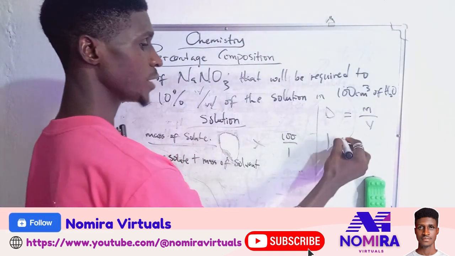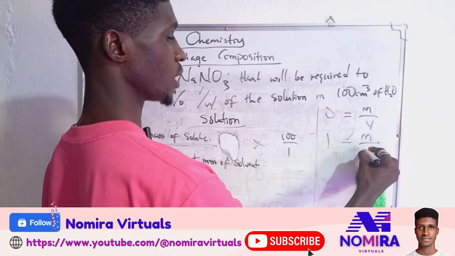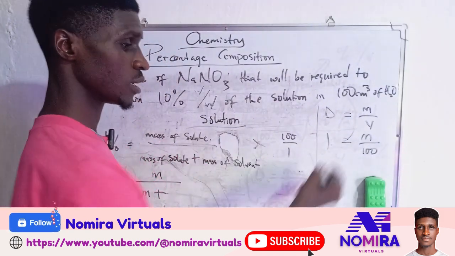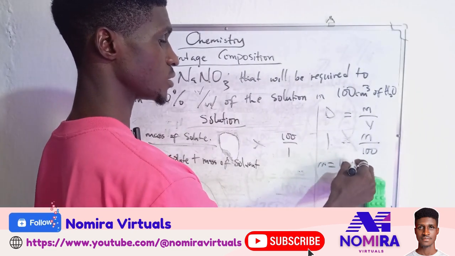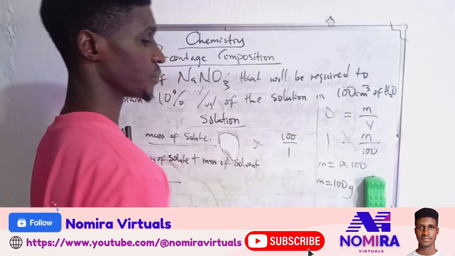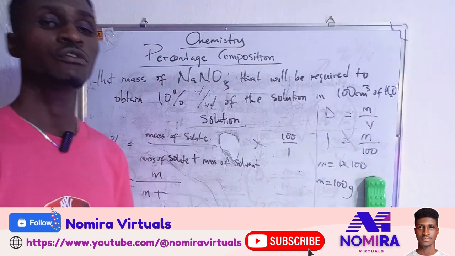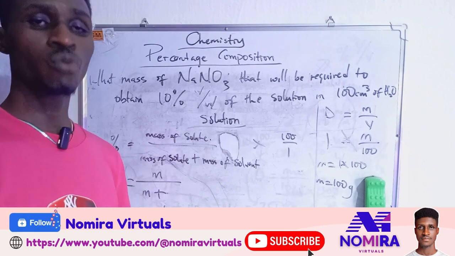So when you put 1 here, equal to the mass of water over 100 cm cube of water, then when you cross multiply, mass will be 1 times 100, which is 100 gram. It means that 100 cm cube of water also represents 100 gram of water.